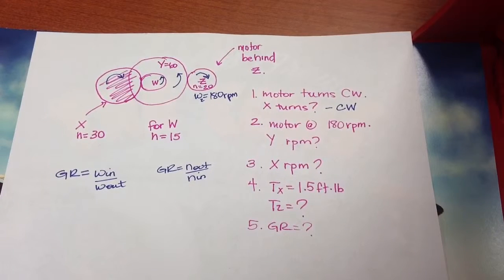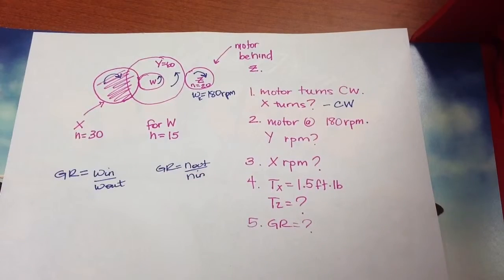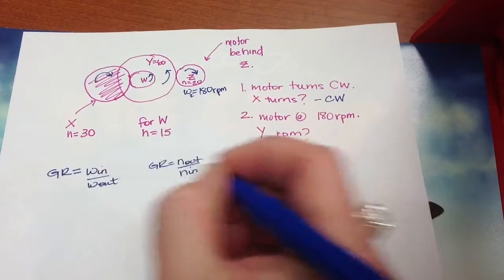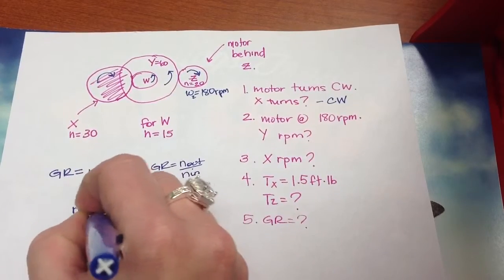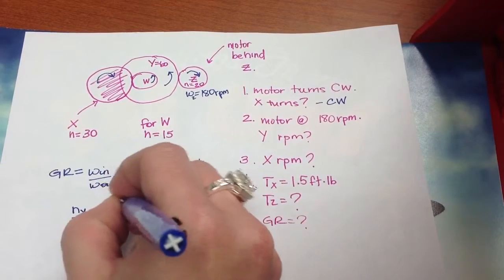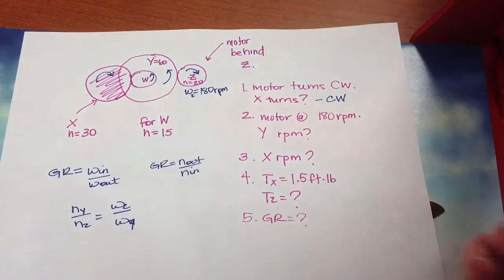So Z is N in, if you remember. So that's going to be NY over NZ equal to WZ over WY. Oops.